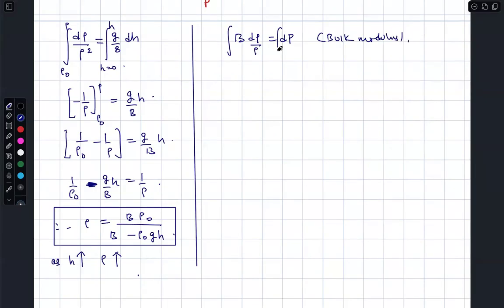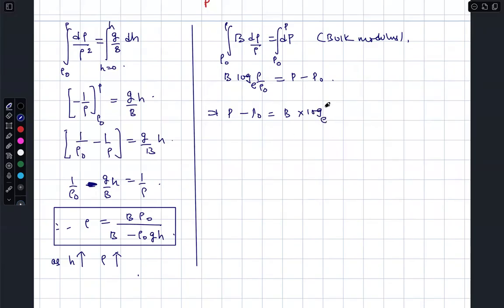Do the integration part now. So B times log e, where surface pressure is P naught and density rho naught, and at some point pressure is P and the density is rho, is equal to P minus P naught. This implies P minus P naught is B times log e of rho by rho naught.